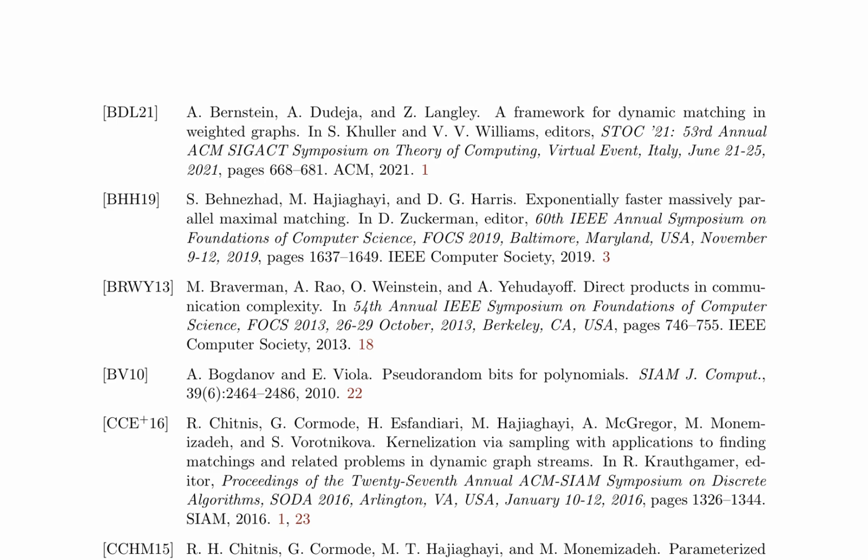The discussion then shifts to BRWY13, a work that explores direct products in communication complexity, shedding light on the complexity of communication between parties with different information. Next, BV10 discusses pseudorandom bits for polynomials, offering a method to generate random bits that are computationally indistinguishable from truly random bits.